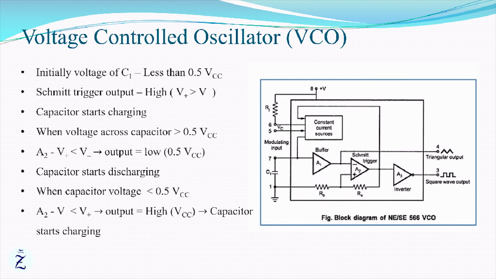The system is designed in such a way that the currents during charging and discharging are equal, hence the capacitor takes the same amount of time to charge and discharge between 0.25 VCC and 0.5 VCC. As a result, a triangular waveform across the capacitor is obtained at pin number 4, and the output of the Schmitt trigger is inverted and obtained at pin number 3.